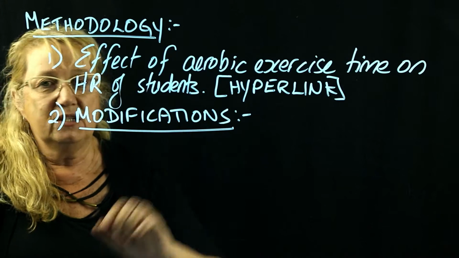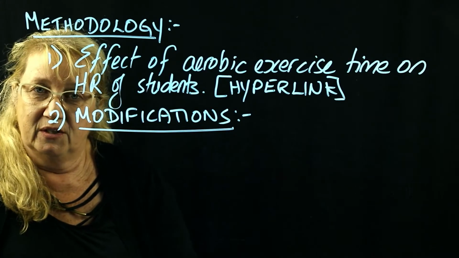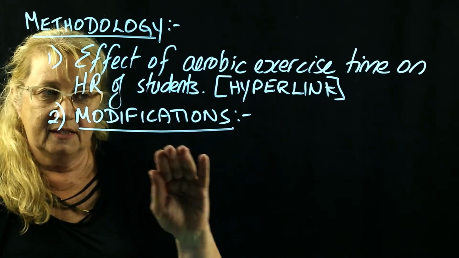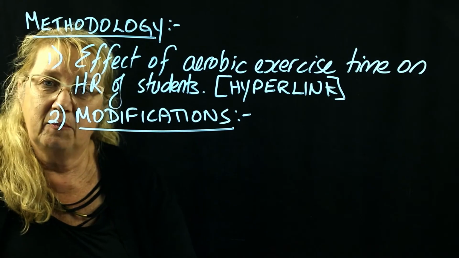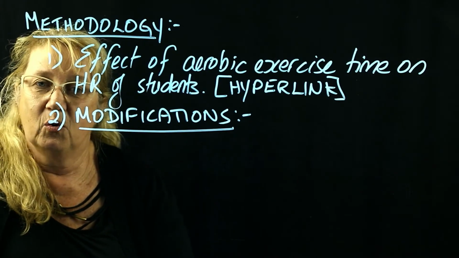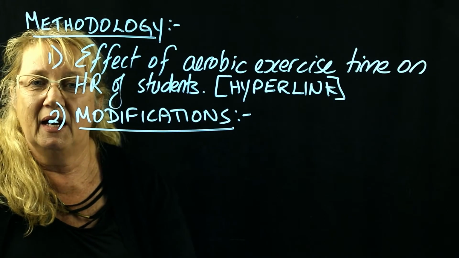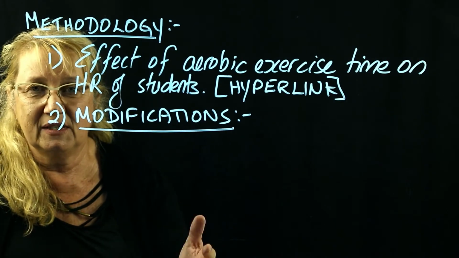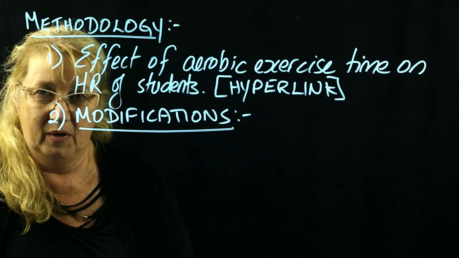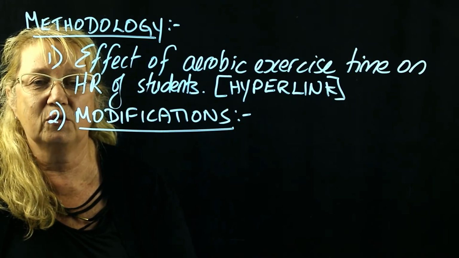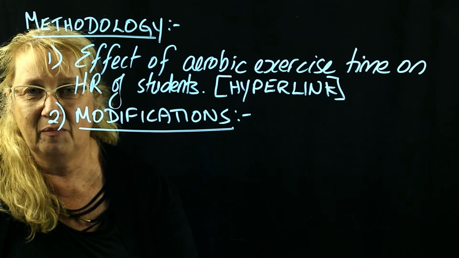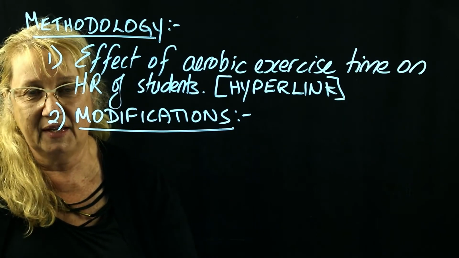In the modifications, I encourage my students to write the type of modification that they have used. And remember, this is a scientific report. If you're not sure about how to use different tenses, stick with past tense. Can't go wrong with past tense in a scientific report. And you want to be using passive voice, but more about that later.